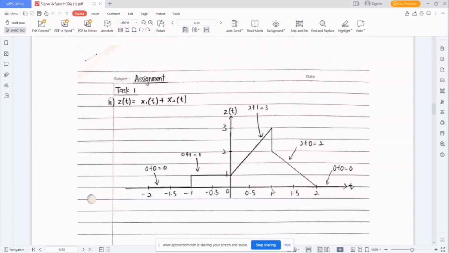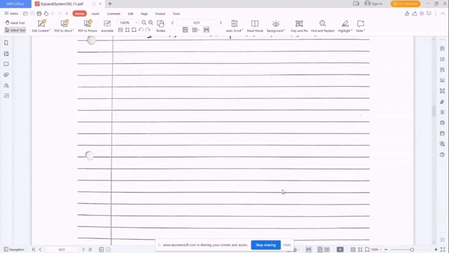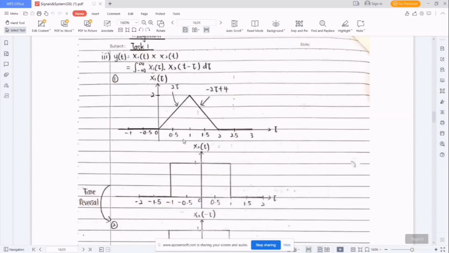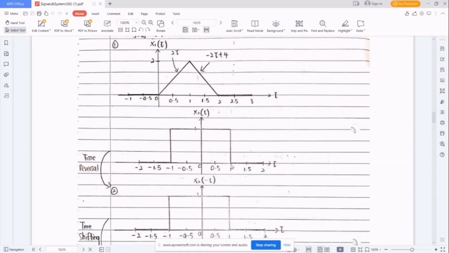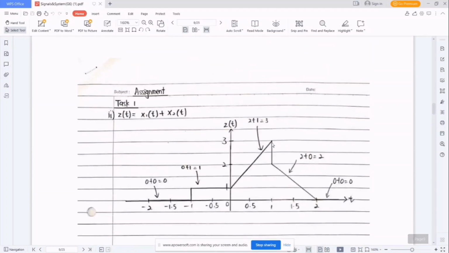And then from 1 to 2 is 2 plus 0 equals 2. From 1 to 2 here is 2 and then here is 0. So we can get it like this. So the waveform is like that.